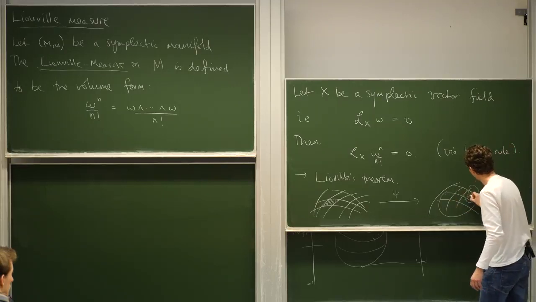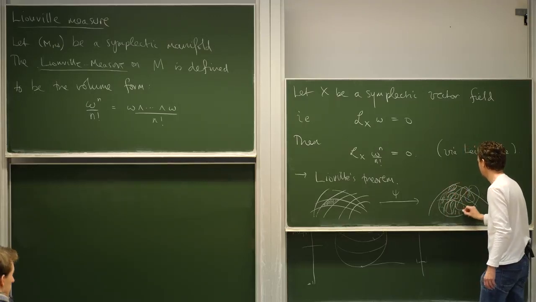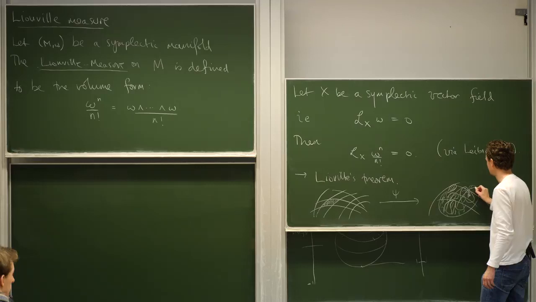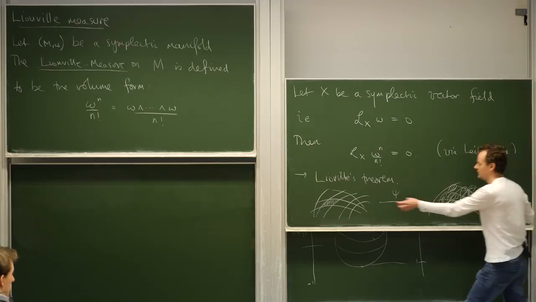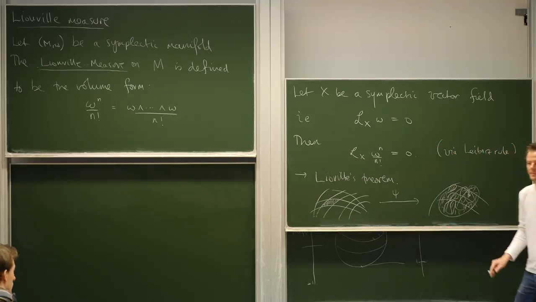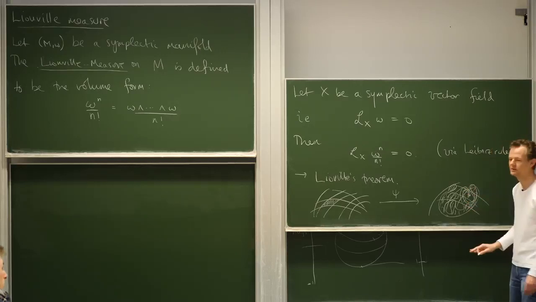No matter how complicated this map, the volume of the image, which here looks enormous because of my bad drawing, is exactly the same as the volume of this initial square here. This is meant to be very thin. You get the idea.